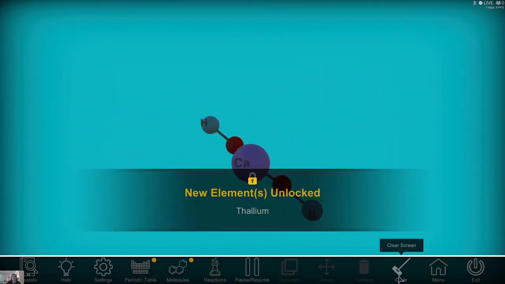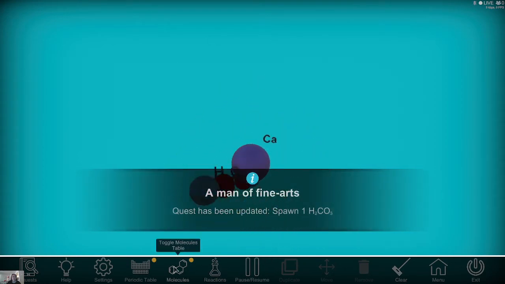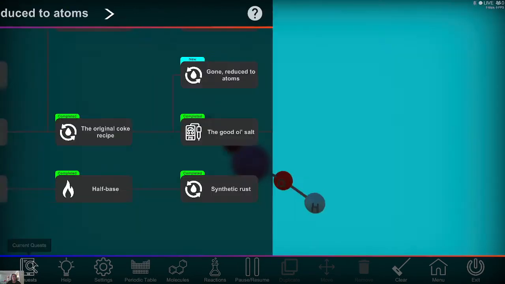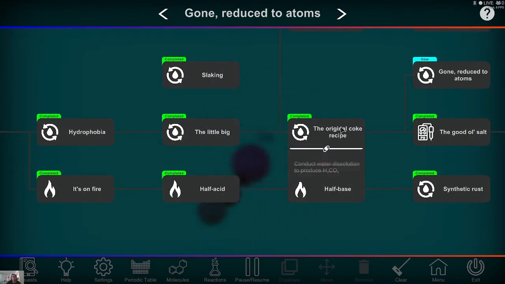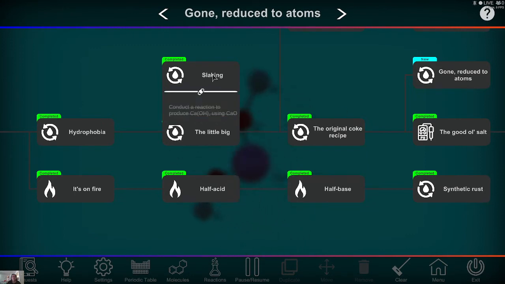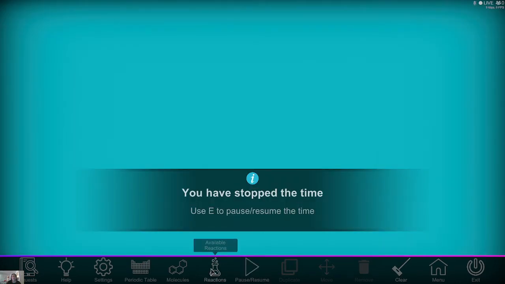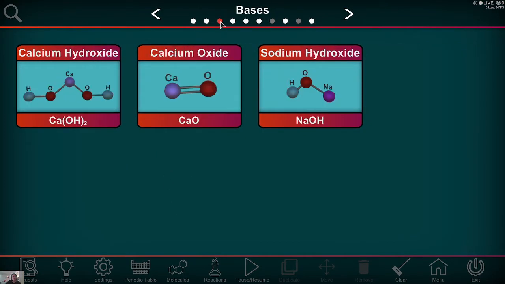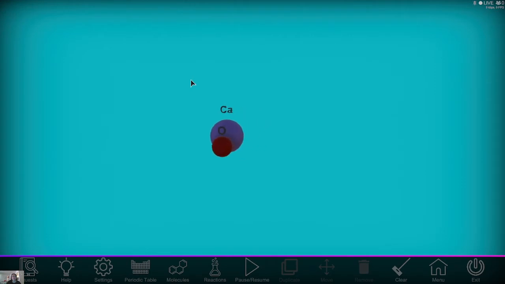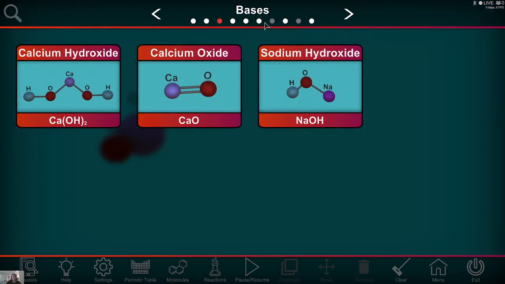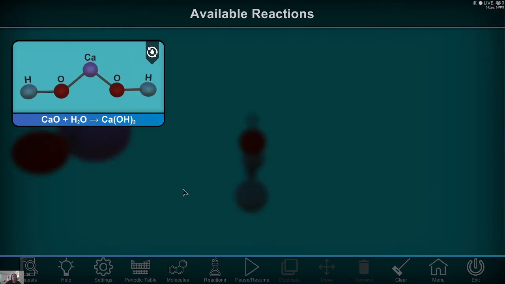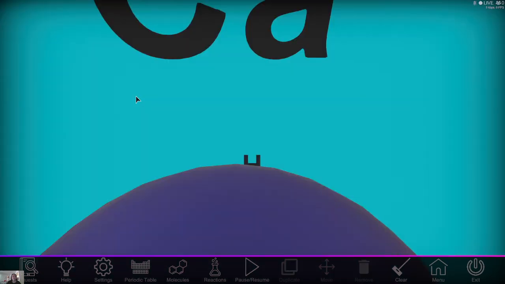So what I did there to do that, I took a calcium. So let me do that again. So I took a calcium oxide. Then I mixed that with water. And then that created calcium hydroxide.